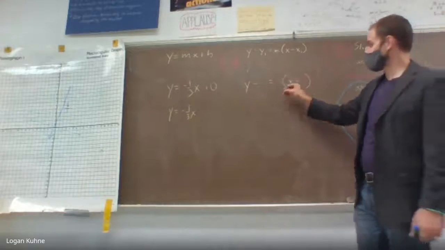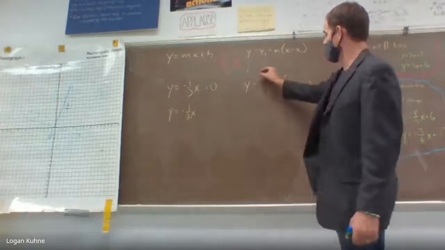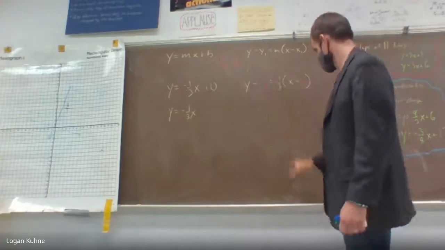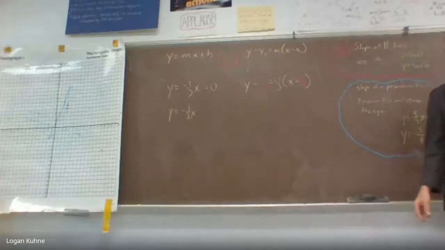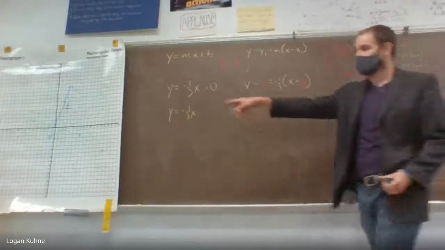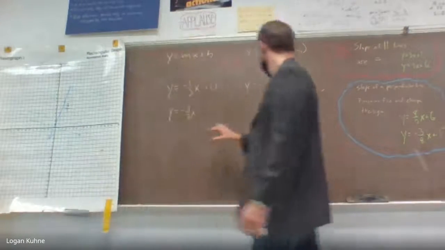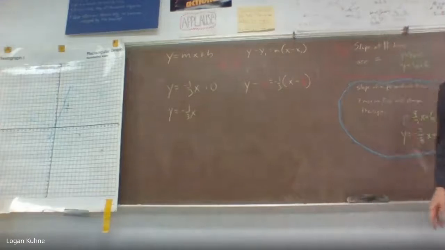It's the slope, so it's negative 1/3. And then the y coordinate is negative 2. And you can leave it. It's kind of nice to skip all those extra things we got to do, right? Do you see why this can be a handy tool? Do you need it? No, because we can do it this way, can't we? But it's a handy tool, and you can just leave it there.